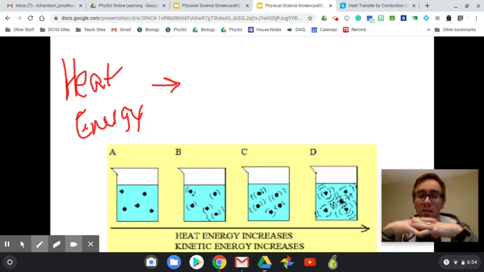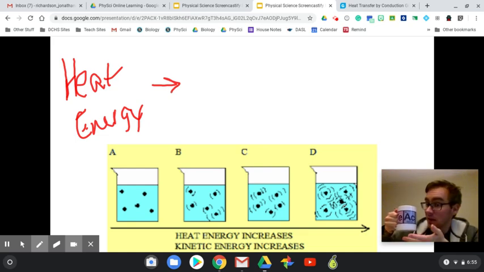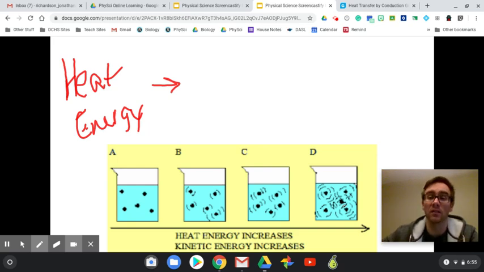It has to do with the overall particles, whether it's water molecules, atoms of gold in a gold bar, copper in a copper wire, or the different types of molecules in my coffee. All molecules are vibrating, and because they're vibrating, they have kinetic energy, and that kinetic energy of molecules is called heat energy.